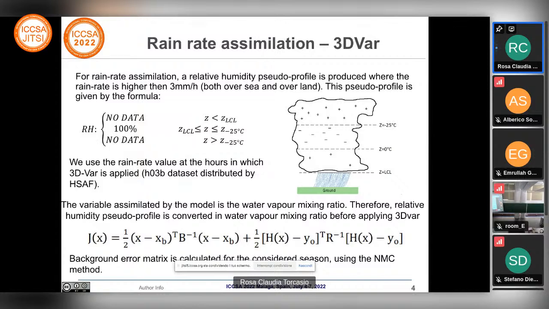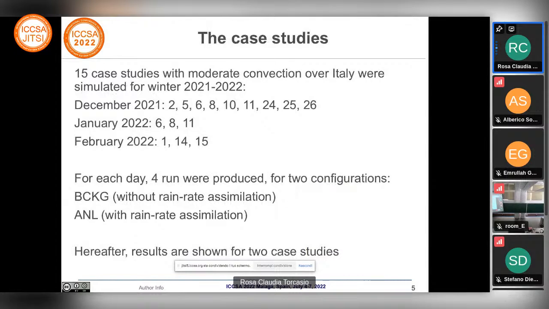For applying the 3D VAR, we also need to calculate the background error covariance matrix. And we did this calculation using the NMC method and considering a period in the season in which the case studies occurred. For winter, we consider 15 case studies that are listed here.